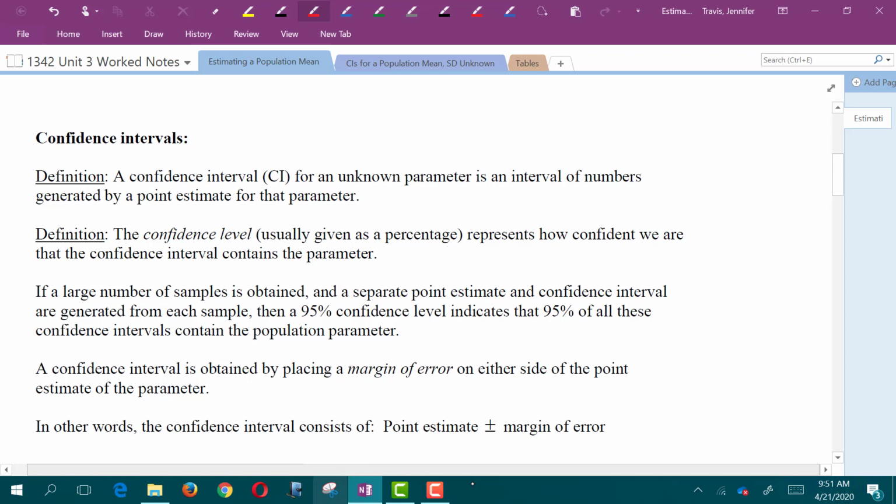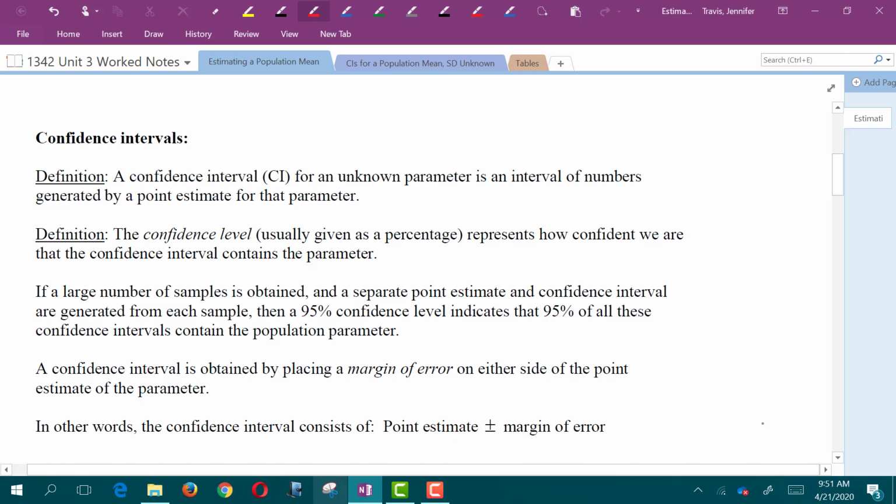Once in a while, you will get a fluky sample that's got a bunch of outliers or something in it, and so it ends up not containing the population parameter. So the 95% confidence is really a way of expressing our confidence in the algorithm that generates the confidence intervals.